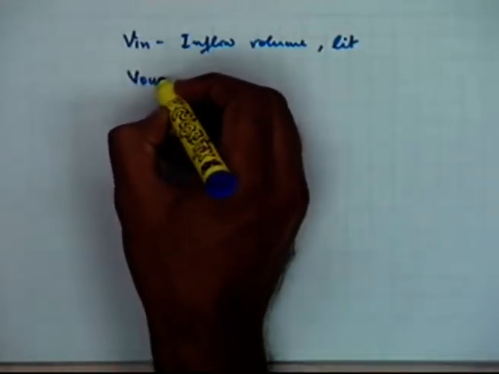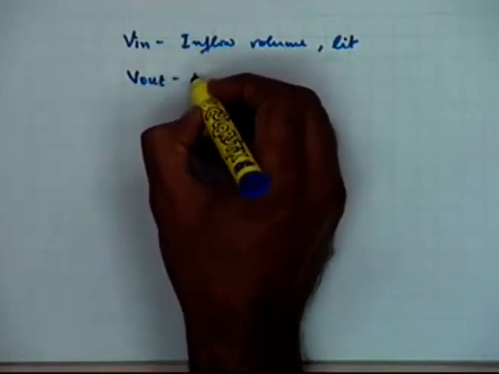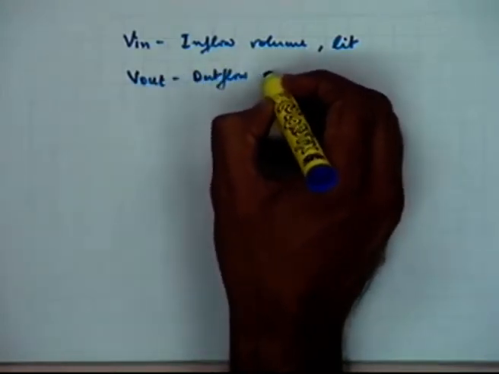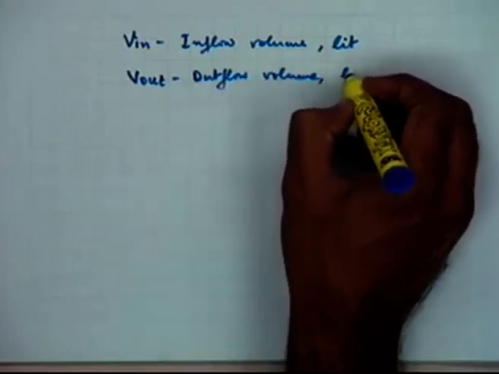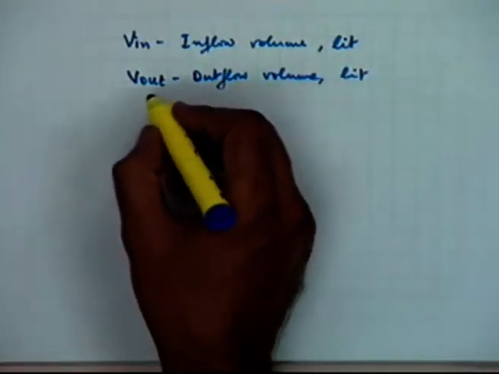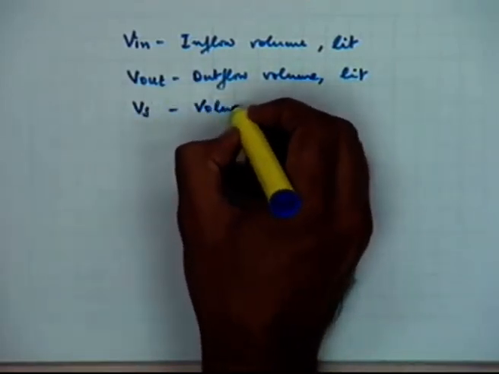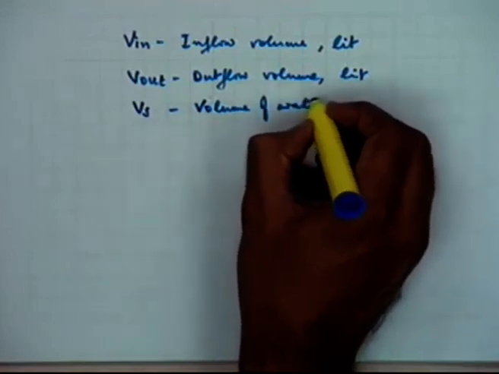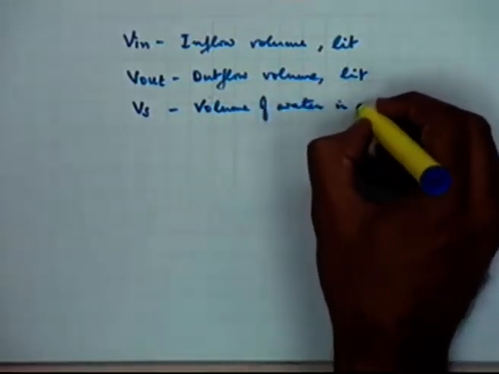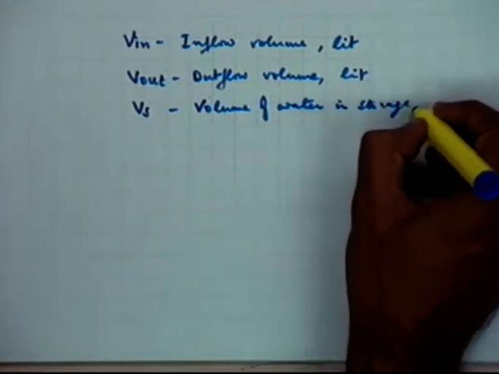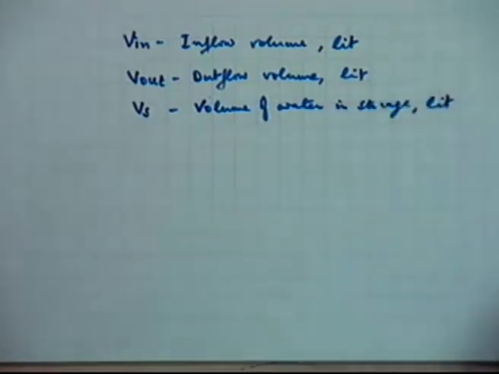Similarly, V_out is the outflow volume, again in liters, and V_s is the volume of water in storage. There might be some volume of water in storage between these two sections at the particular time when you are taking the measurement.